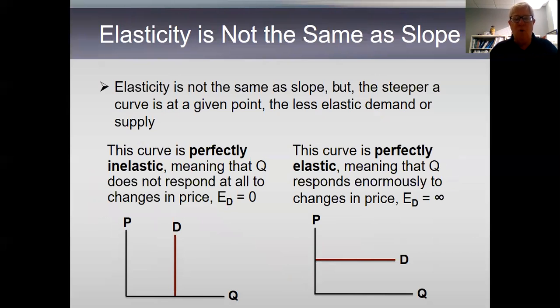So if the demand is perfectly inelastic, the demand curve is straight up and down. If the demand curve is perfectly elastic, meaning that quantity has a huge response to changes in price, elasticity here would be equal to infinity, then the demand curve is a horizontal line.